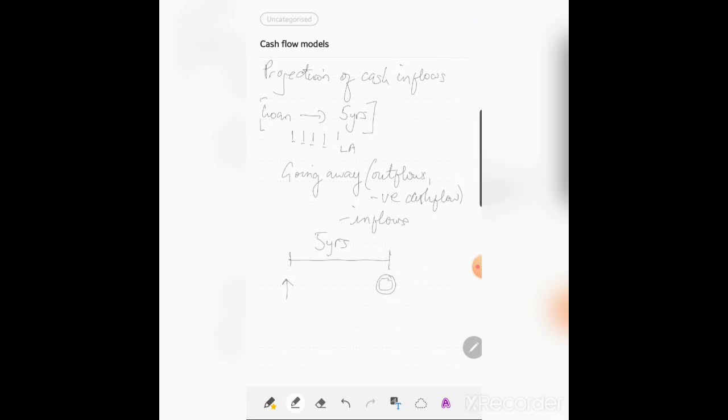So the timing as well as the amount of the cash flows are known in advance for some kinds of investments.